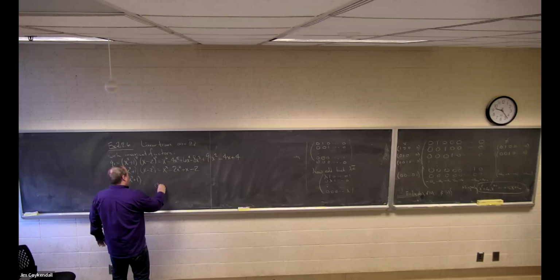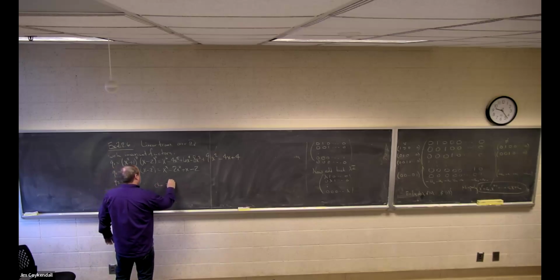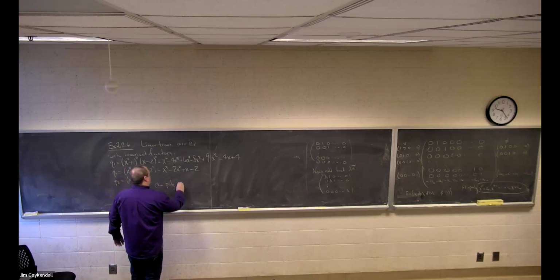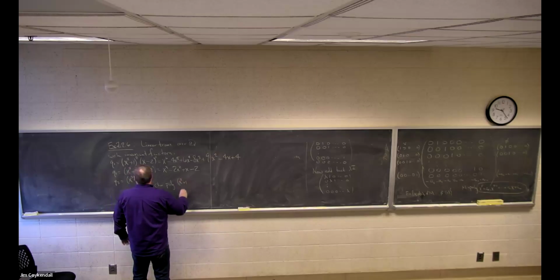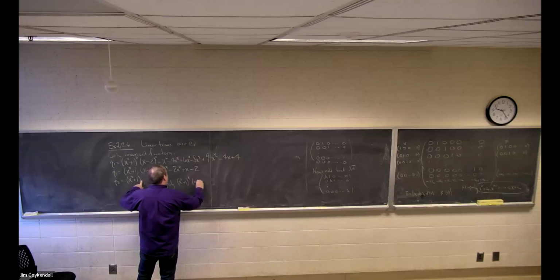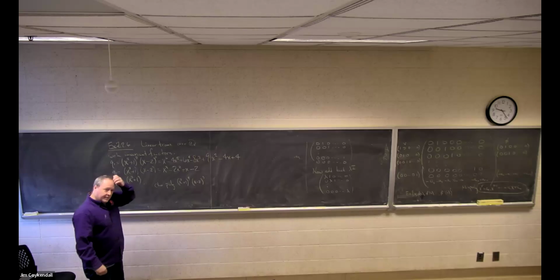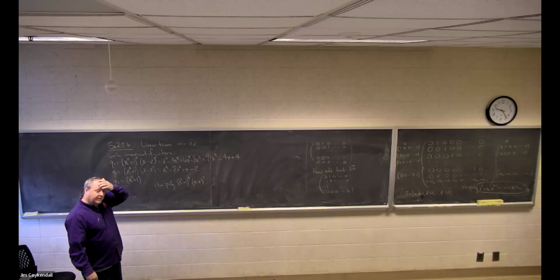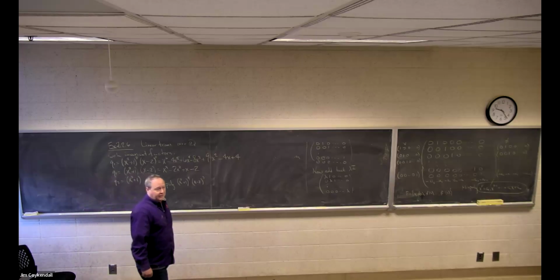The characteristic polynomial should be x squared plus 1 to the 2, 3, 4, and x minus 2 to the 3. It should be the product of the invariant factors. Am I okay with that? What's the minimal polynomial?